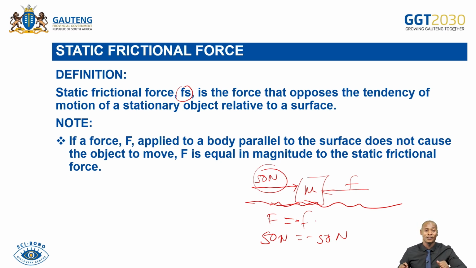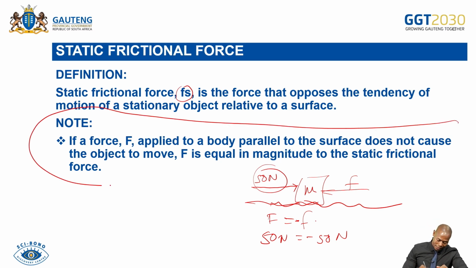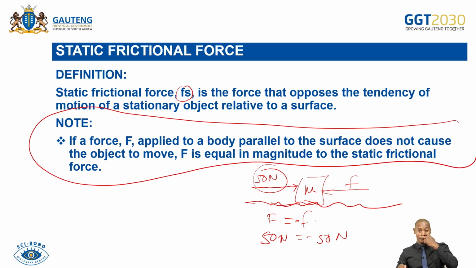Then that is the static frictional force, which is the force that opposes the tendency of motion of a stationary object relative to the surface. So this is what I was talking about, learners. If a force F is applied to a body parallel to the surface and does not cause the object to move, F is equal in magnitude to the static frictional force.